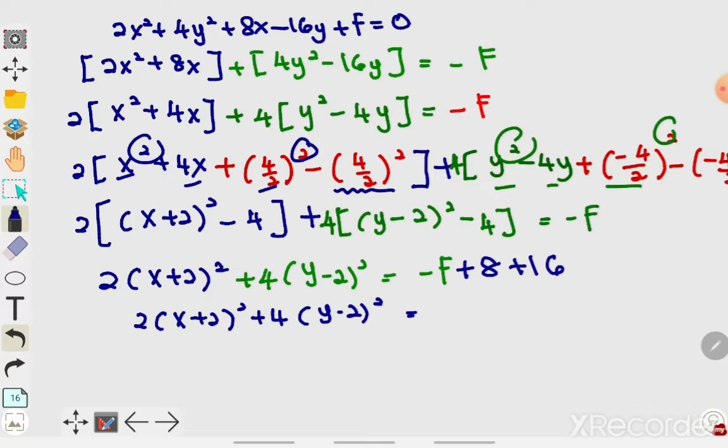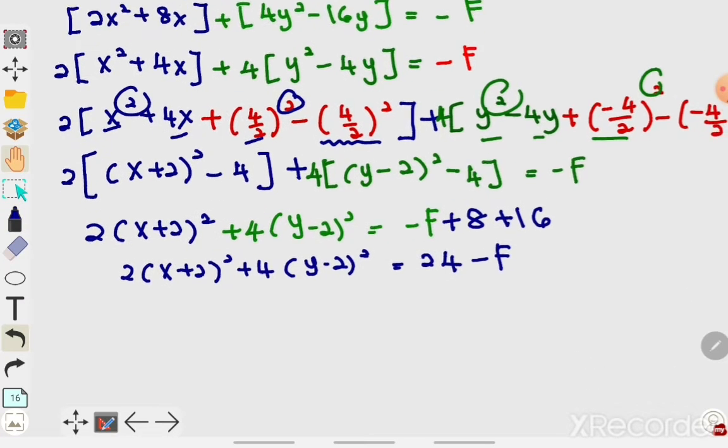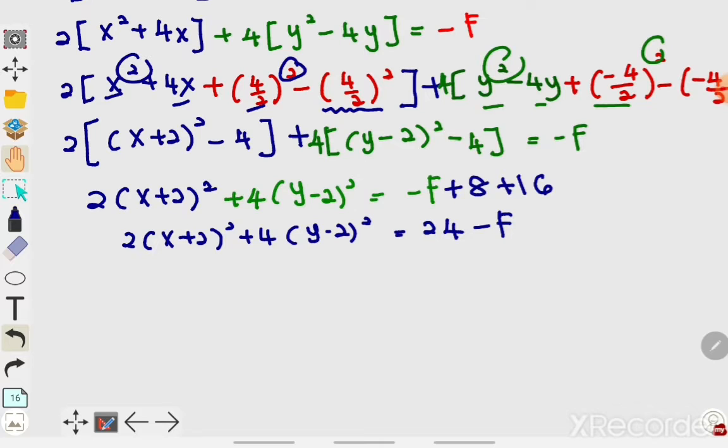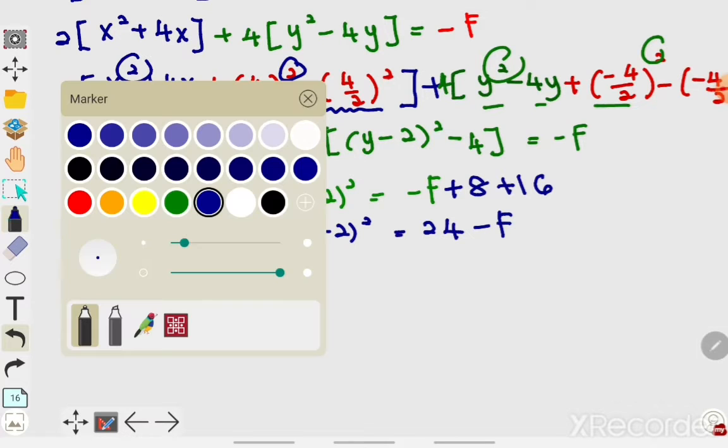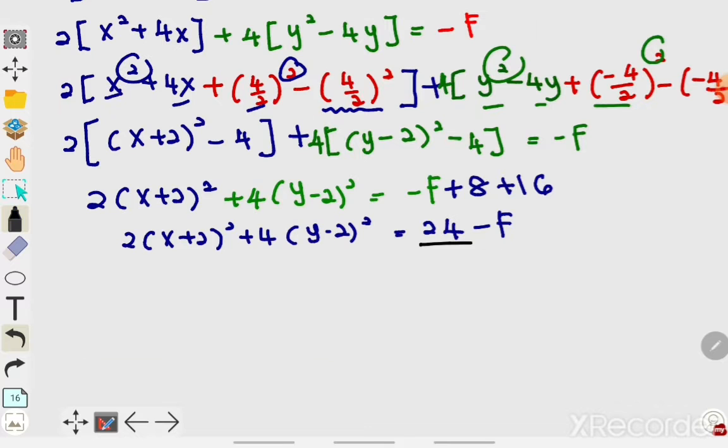Let's see how we do this. 8 plus 16 equals 24 minus f. As we know, the ellipse equation must be equal to 1, so it cannot be 24 minus f. So we have to divide the whole equation by 24 minus f.